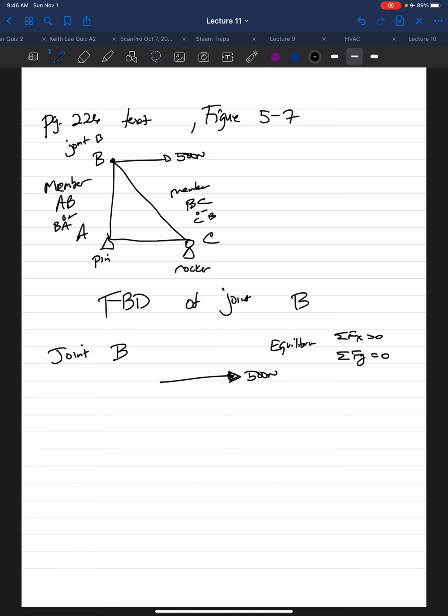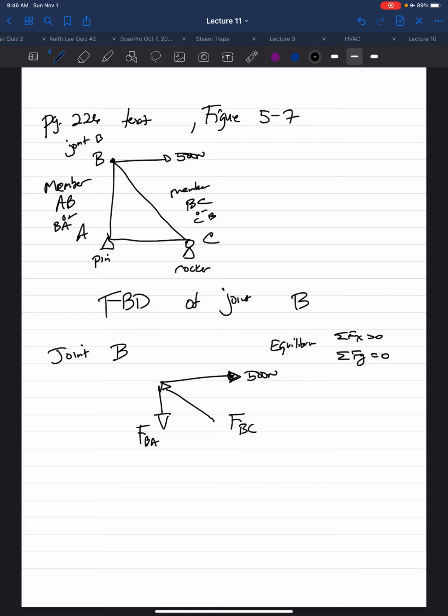The 500 newton force goes to the right, so to balance that out, the x component of the member force FBC has to go to the left. Then the y component is pointing up vertically, which means the force AB has to be oriented down to balance out the y component of BC.